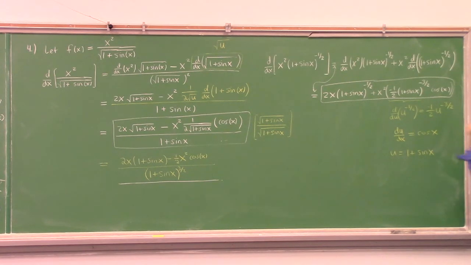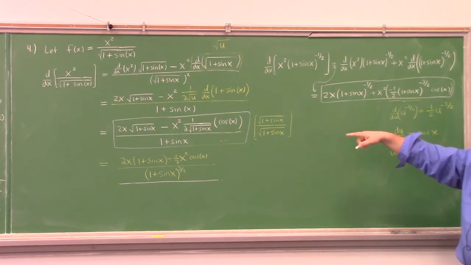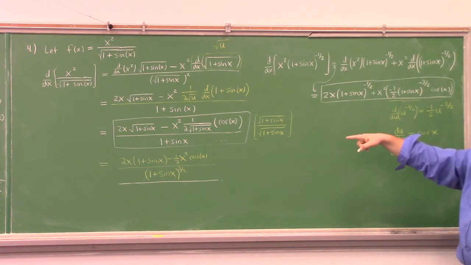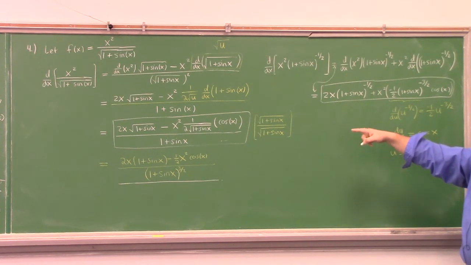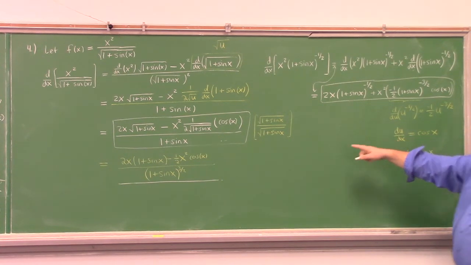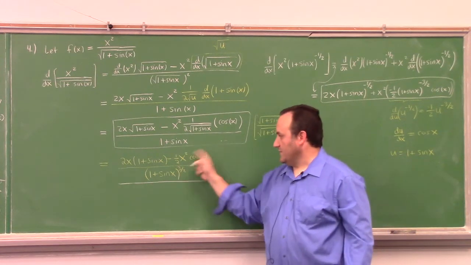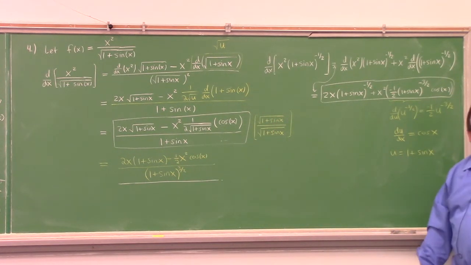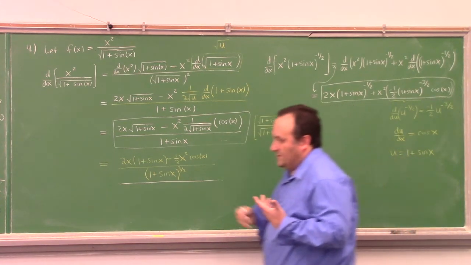And if you look back at the other answer, you see that you could have simplified that to a sum of two functions, where the first one was 2x over the square root of 1 plus sine x, and the second one would have a 1 plus sine x to the 3/2 power. You can see this piece right here as being that piece. It's the same answer.